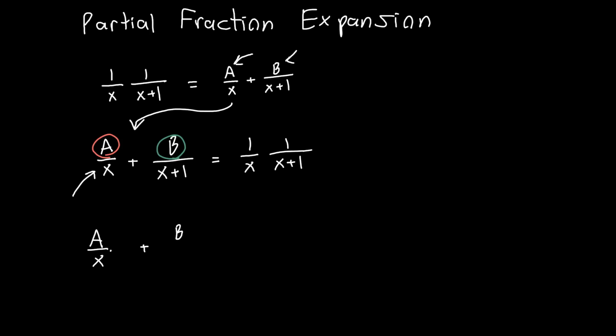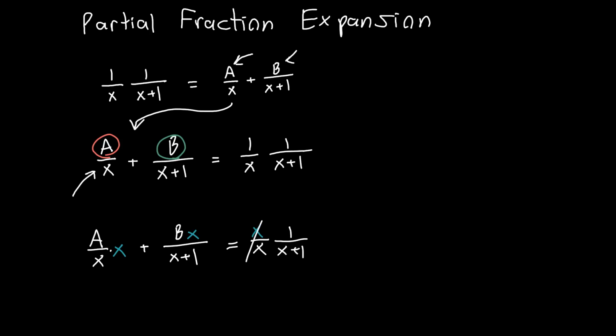And let me just write that in a different color. So we're multiplying everything by x. So a over x times x plus b times x over x plus 1 is equal to x over x times 1 over x plus 1.